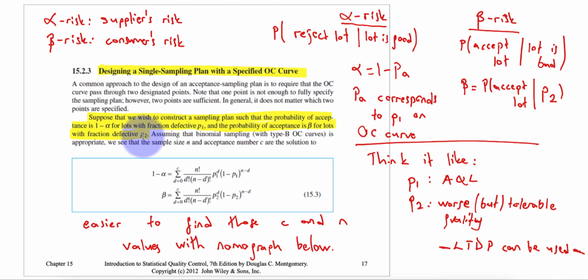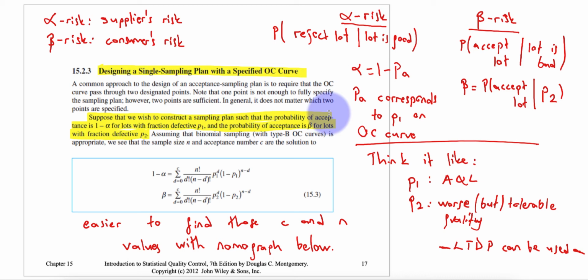We do not want this, but we also have a probability of acceptance. We can accept lots with this fraction defective. This is the beta risk: we are accepting the lot even if the lot is bad, when P2 is present. So we are choosing 2 points on the OC curve to design a single sampling plan.